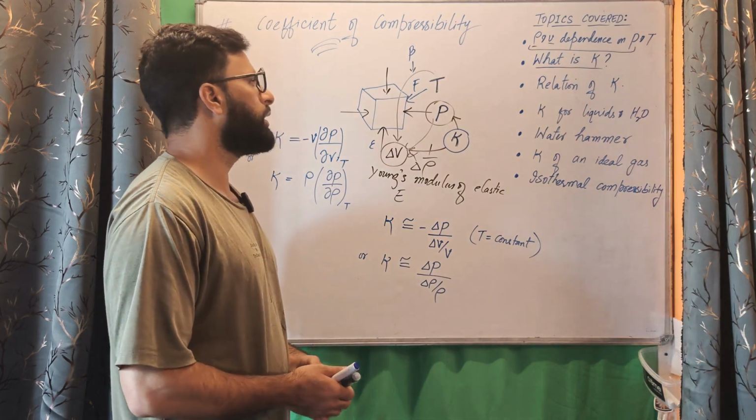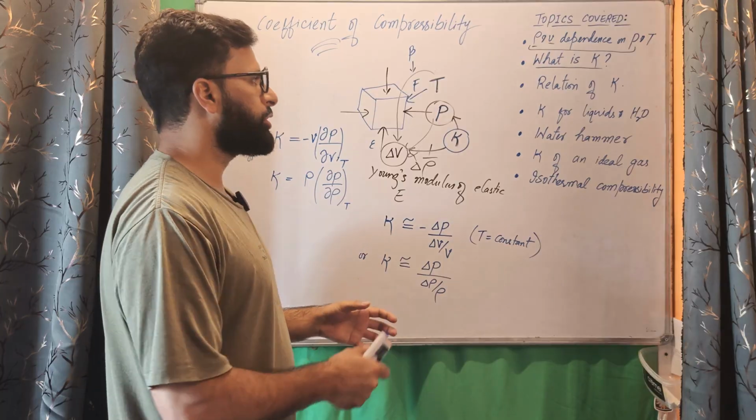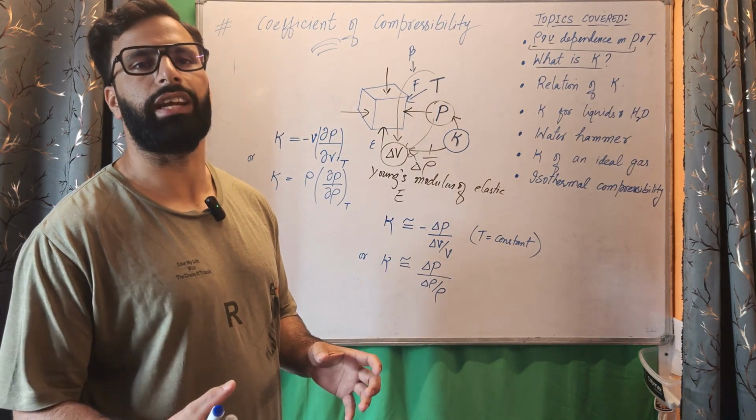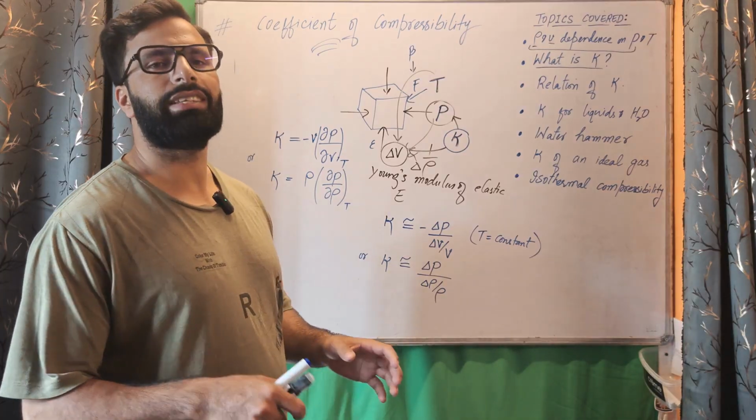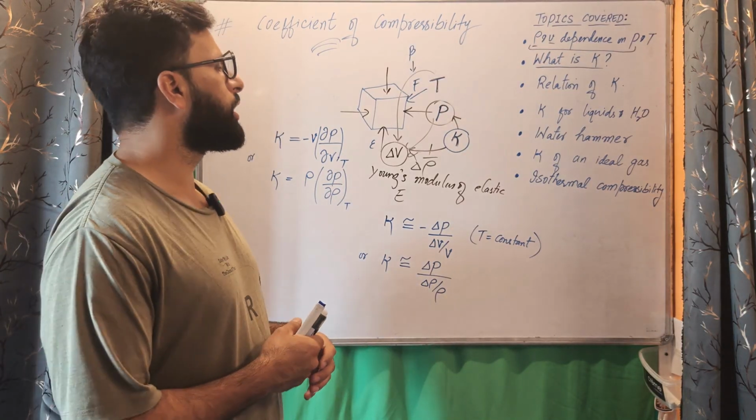Now if we compare two fluids, liquids and gases, we know if we apply pressure on a liquid, the volume change is very, very small. It's almost negligible. In case of gas, it is very significant. It is large. The volume changes by a large amount.